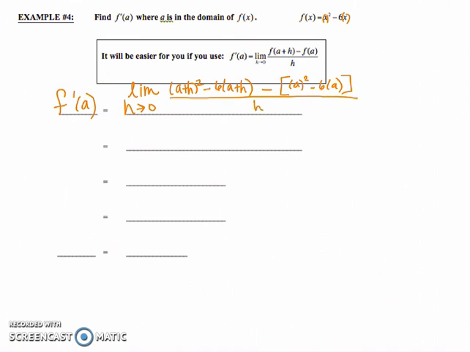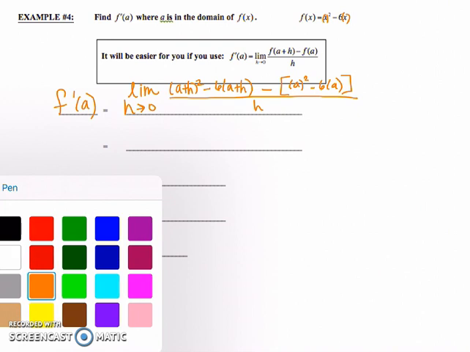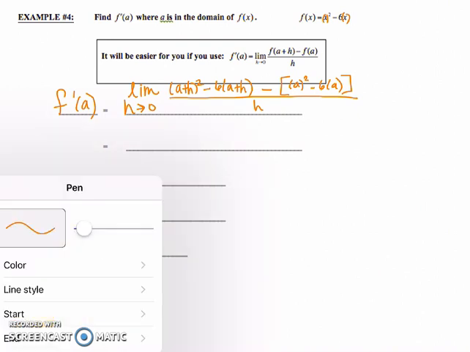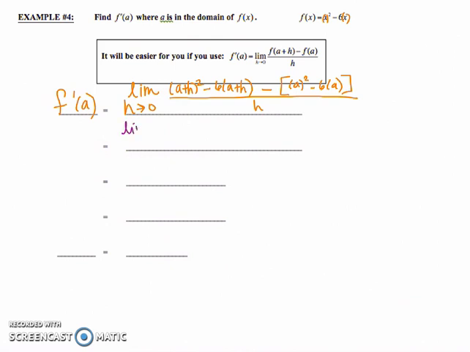Okay, we've done this a few times now, so hopefully you realize that that a plus h quantity squared, we are going to have to FOIL that. So our next step, we're going to get the limit as h approaches 0 of a plus h quantity squared is a squared plus 2ah plus h squared. And then when we distribute that negative 6, we get negative 6a minus 6h.